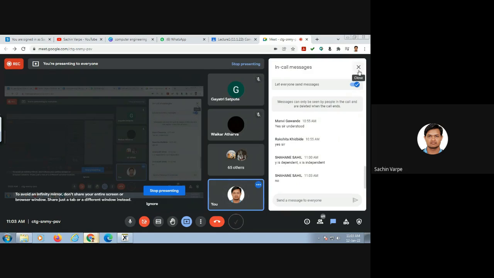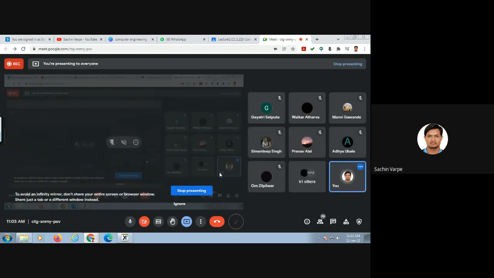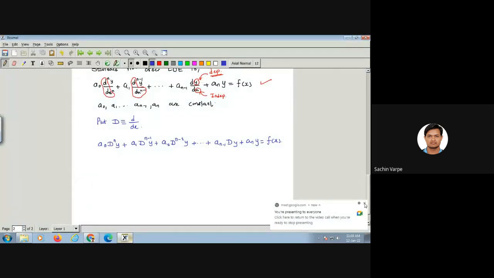But try to get your concepts clear. Very important. See, the number of examples we are solving throughout the lecture is not important. How you understand, that is important. If you know the concept, you can solve any example. So this is the first step.